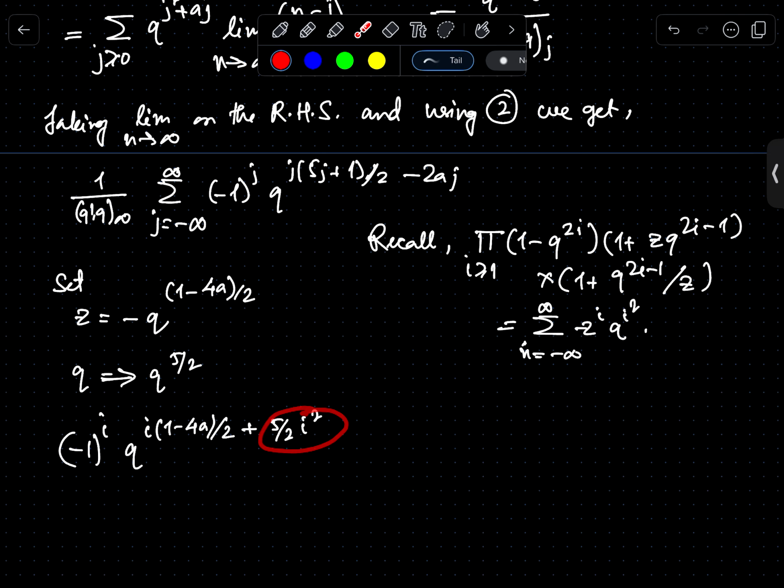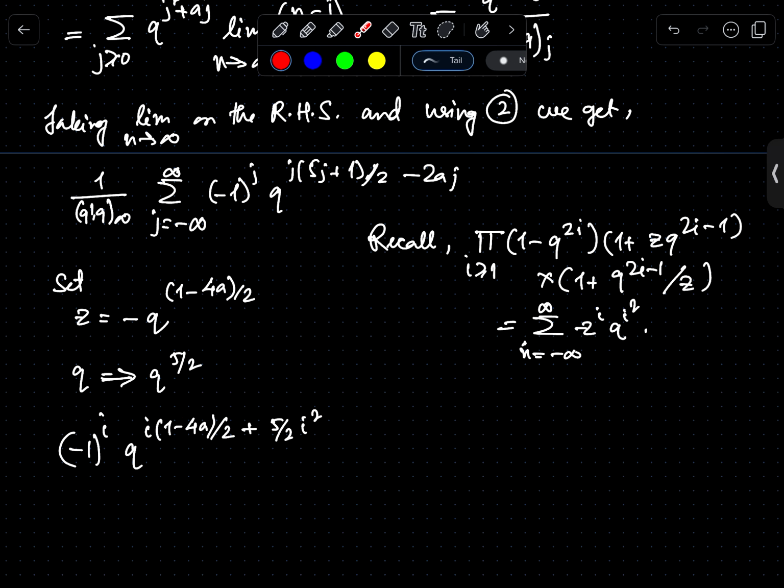If you do the calculation, you can easily see that this (5/2) i^2 just appears here. And then this 1/2 i is this term. And then the 4a gets cancelled with the 2, so this quantity along with this becomes 2ai, which is this.